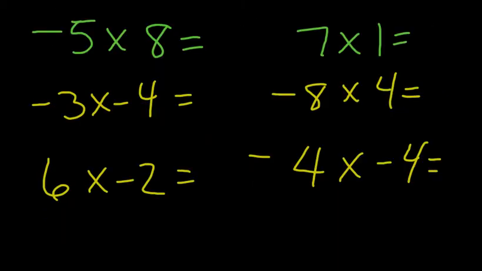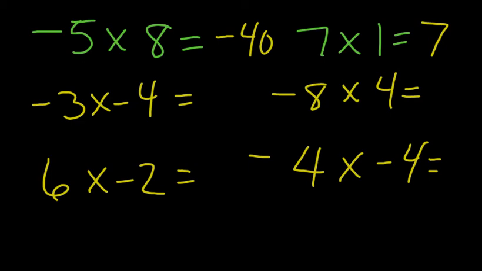Okay, let's practice both of these rules. Okay? First one, negative 5 times 8. They're different. The answer is negative. It's negative 40. Next one, 7 times 1. They're the same. The answer is positive 7. Next one, negative 3 times negative 4.